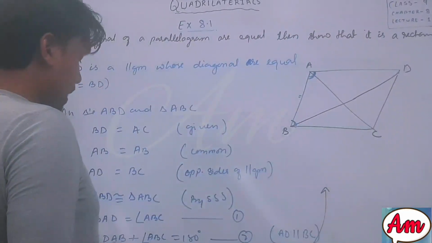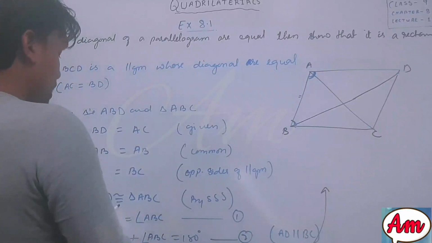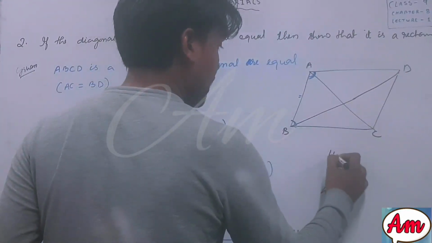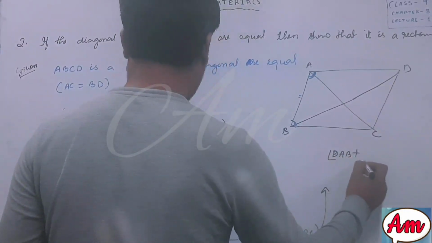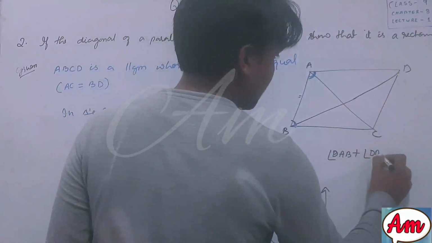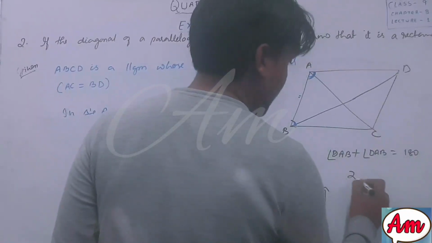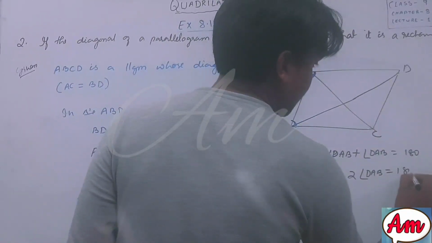See, angle DAB plus angle ABC is equal to 180 degrees, and both the angles are equal. Then in place of ABC we can write DAB, because both are equal. So DAB plus DAB equals 180 degrees, so twice DAB equals 180 degrees.